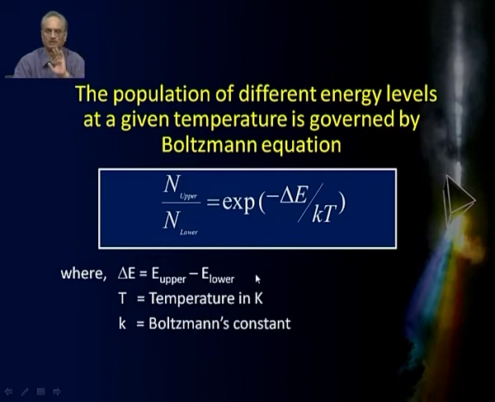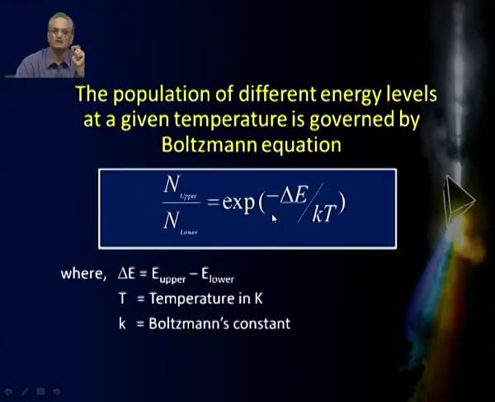Let us understand each one of them. Delta E is the difference between E upper, the energy of the upper level where the transition has to go, and E lower, the energy of the lower level. T is the temperature in Kelvin, and small k is the Boltzmann constant. It is a very fundamental constant.